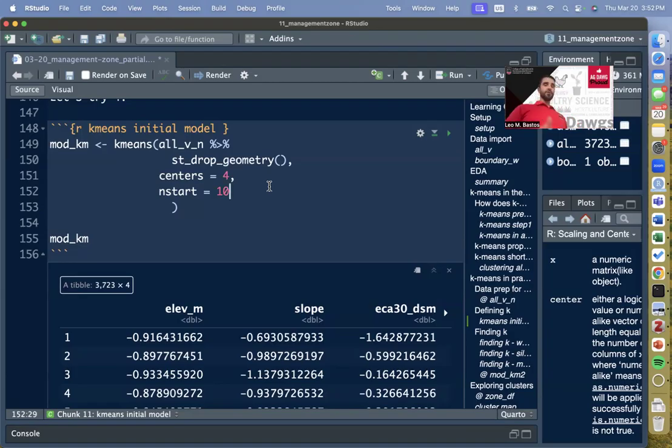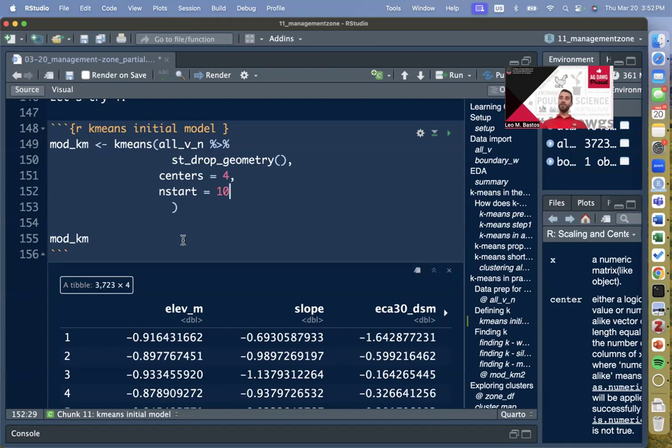And the reason for that goes back to Luke's question. What if you just do one run with all the iterations within that run? Maybe you were just unlucky with your starting centers. Remember, the starting point of k-means, in this case, is picking 4 random observations of your data set to be the starting centers of the clusters.